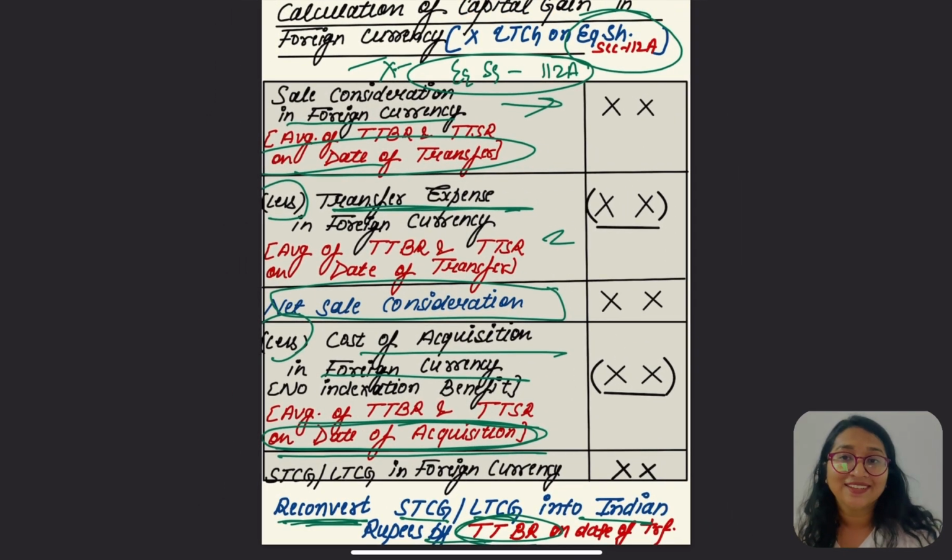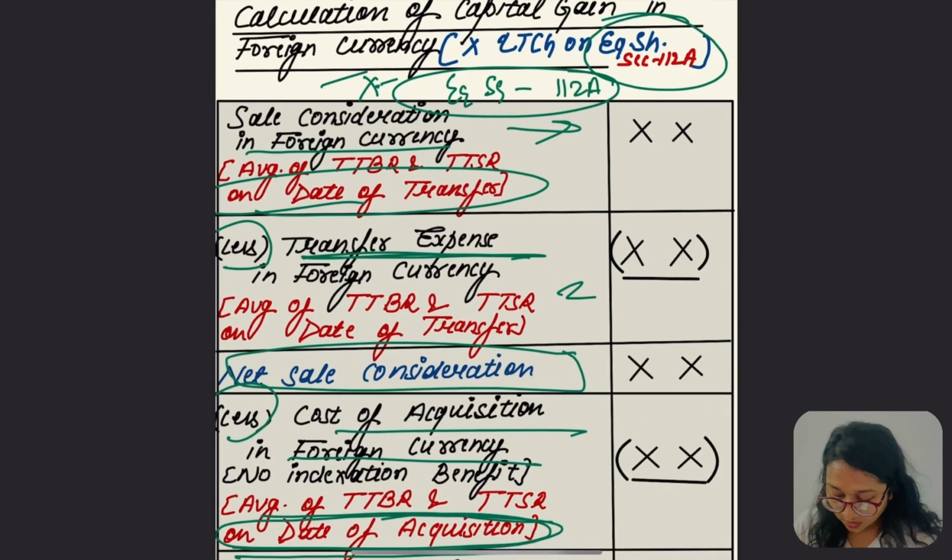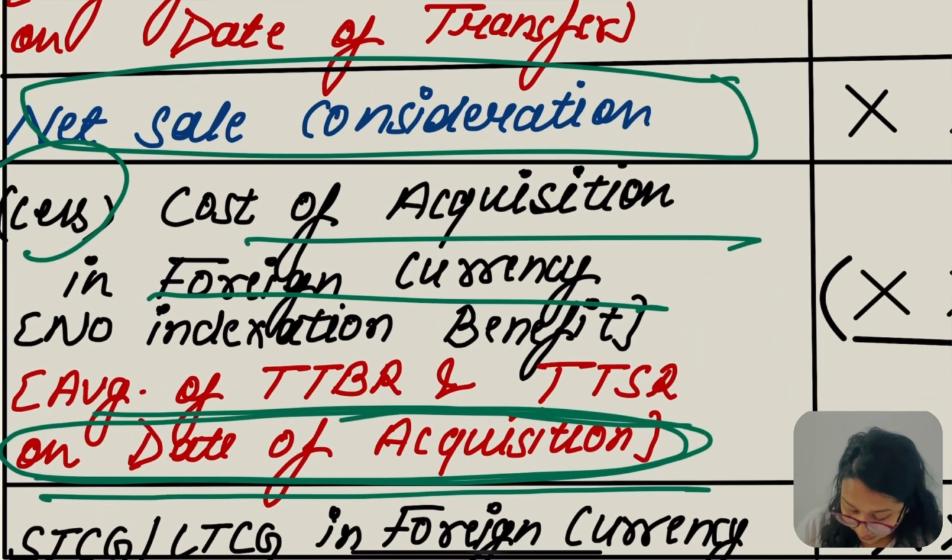What are we going to compute? Capital gain in foreign currency for non-residents. Sale consideration is to be taken, the average of TTBR, TTSR on the date of transfer. Less transfer expenses, again the average of TTBR, TTSR on the date of transfer. We'll get the net consideration. From net consideration we have to deduct the cost of acquisition, but no indexation is going to happen.